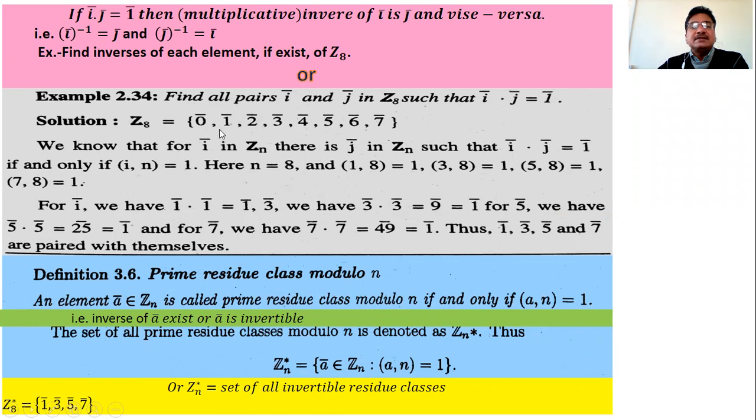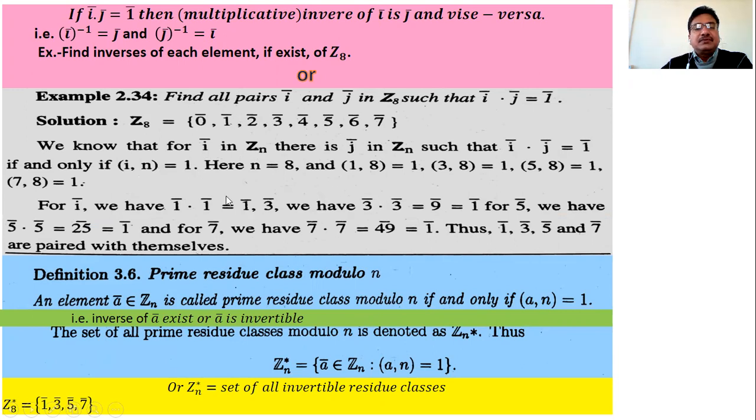So Z8 contains these 8 elements, 0 bar to 7 bar. This is Z8, the set of residue classes modulo 8. Then we have to find I bar and J bar such that I bar times J bar is 1 bar. Here is the theorem: the inverse of I bar exists in Zn if and only if the greatest common divisor of I and N is 1.